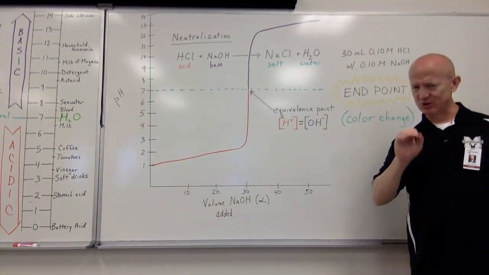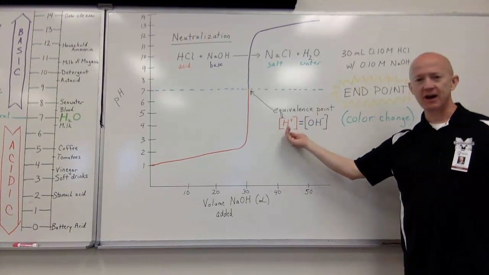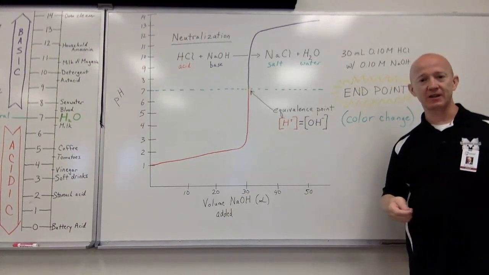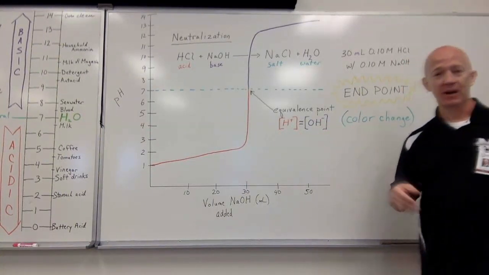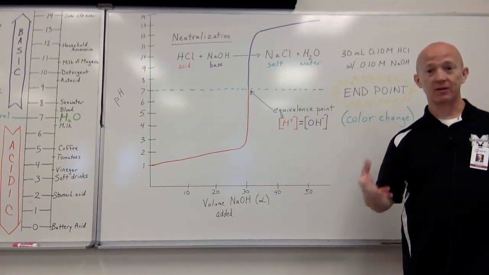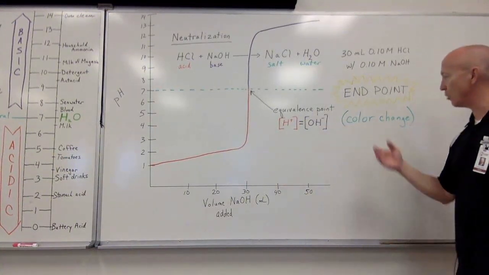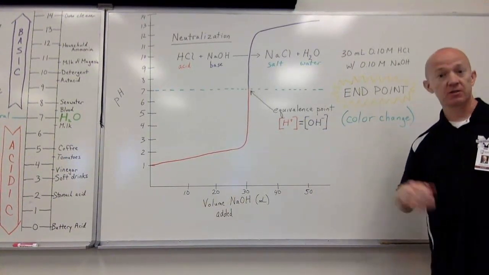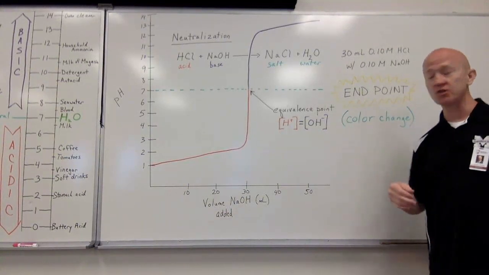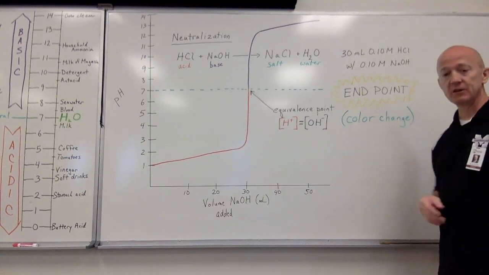We're probably not so good that we can find the exact point at which the hydrogen ions equal the hydroxide ions. Remember, there's like a gazillion of each in one drop of that solution. So because of it, we look for something else. We look for the point at which the color changes, that our indicator color changes in that solution, and that's the point that we call the end point.